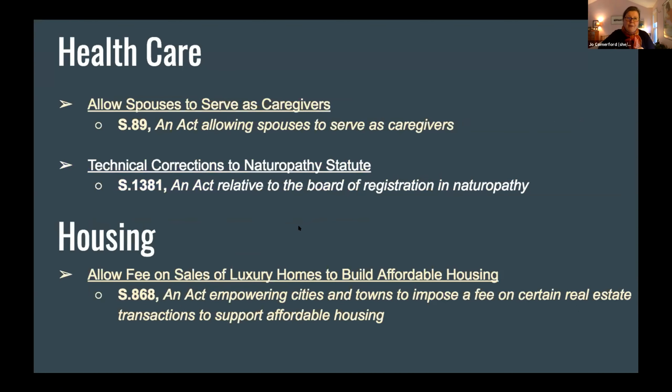We also have to allow spouses to serve as caregivers, which is the next bill here. This is a bill that's been championed by this community, and it's very simple. It just says, if you are receiving MassHealth as your health care, your spouse, your sister, your niece, your nephew can actually receive remuneration, can be paid to be your caregiver.